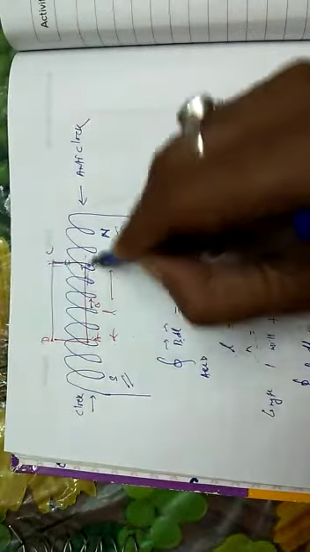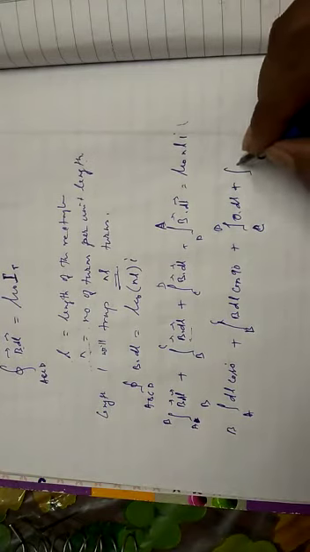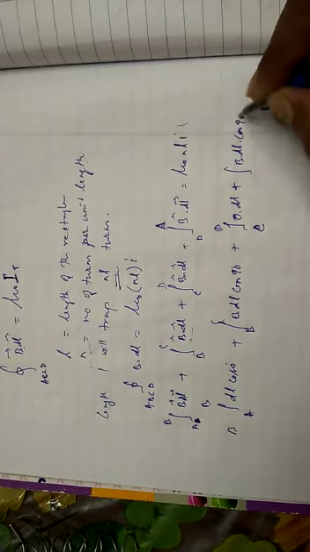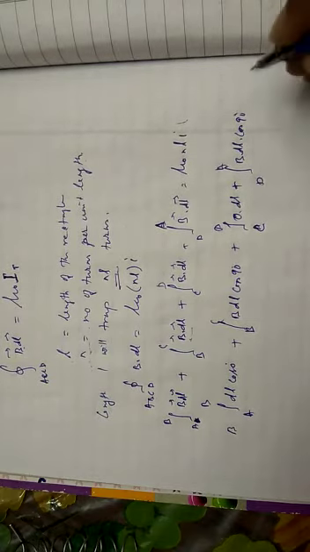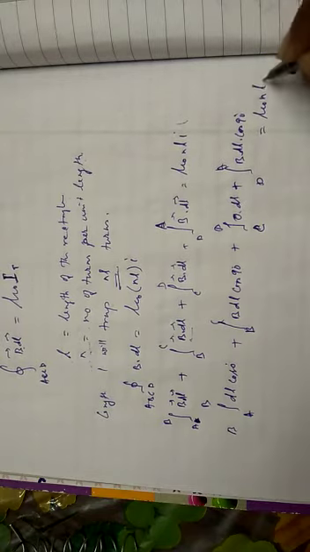B is in this direction and DA is in this direction, so B and DA are perpendicular to each other. So we write B dot dL cos 90 degree for D to A, and this is equal to mu naught nLI.